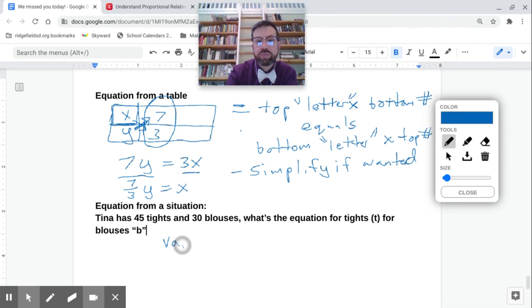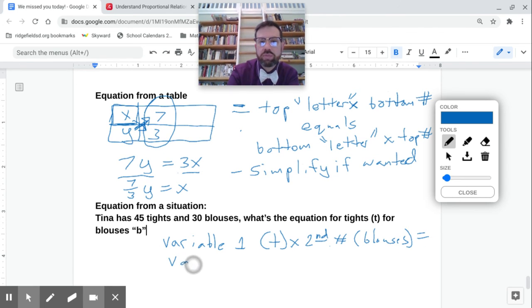Variable 1, in that case tights, times the second number, the number of blouses, equals variable 2, B, times the first number, tights.